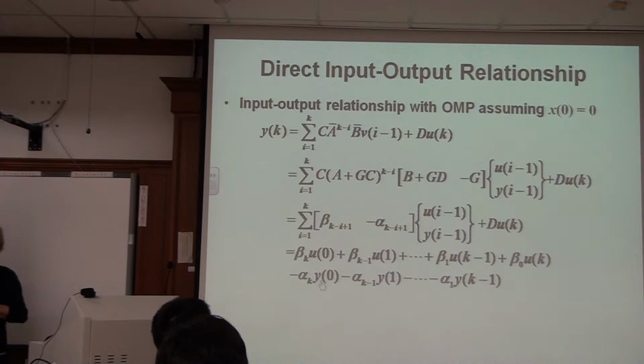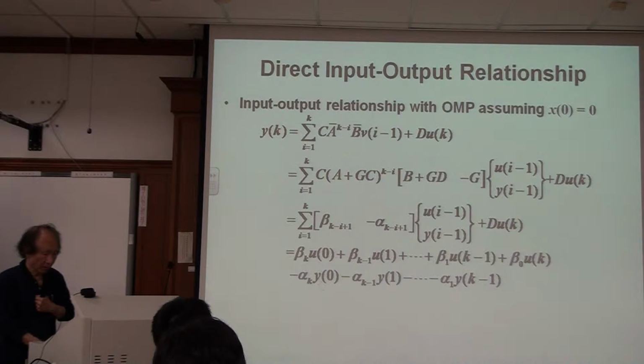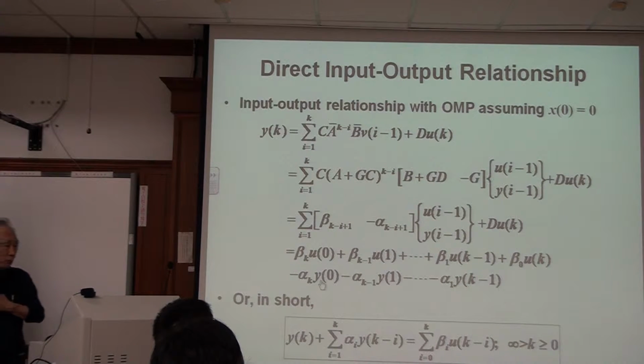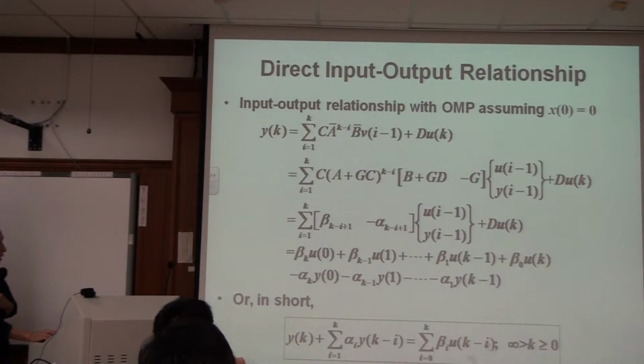I don't want to read the whole sentence. And that you can write in terms of this. We put all y, the output, on the left hand side and input on the right hand side. Then the left hand side involves y, the right hand side involves u, for I from 1 to k.